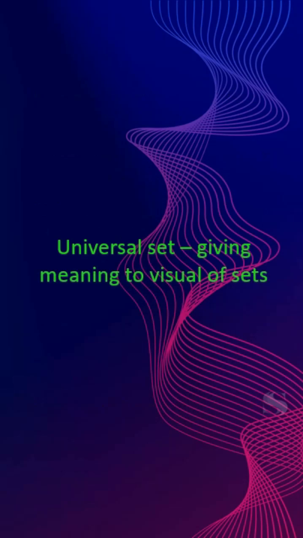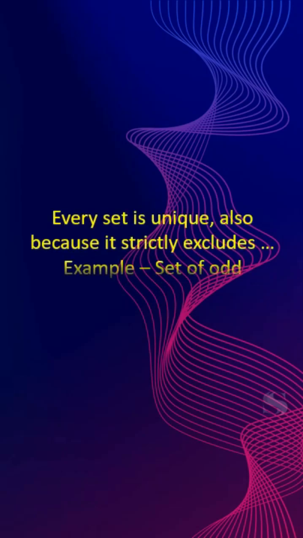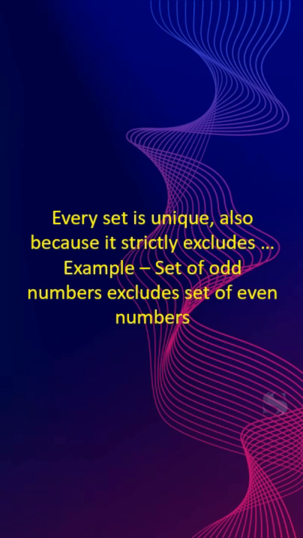The universal set needs a special mention. It plays a very central role in visualizing operations on sets. It is how we give body, realism, to the sets that are subsets to the universal set. Without the universal set, what is outside the set circle cannot be captured, defined, specified. Every set is unique, and this is also because it strictly excludes things.